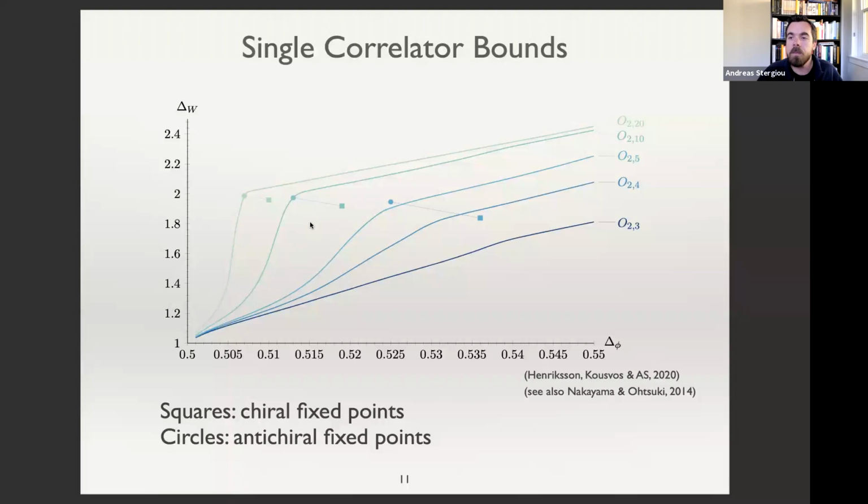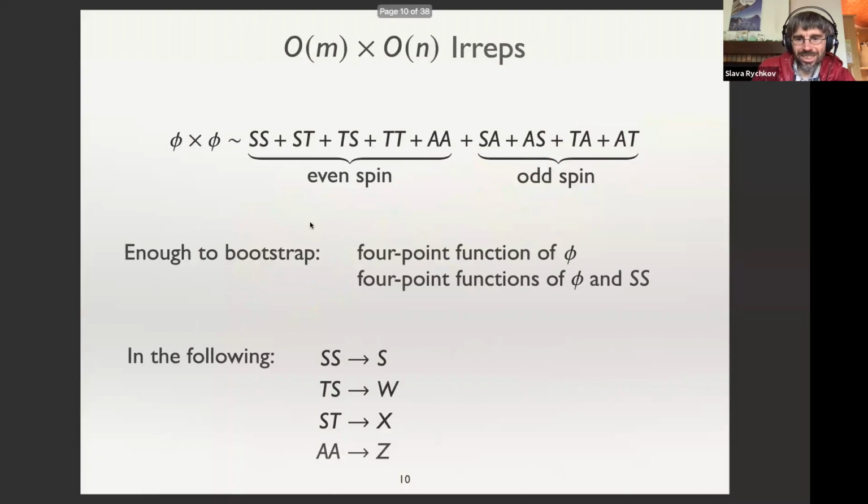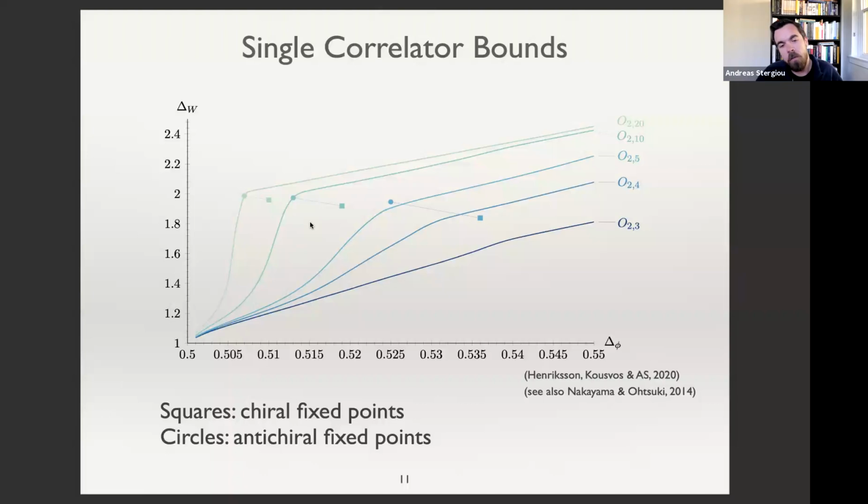Is there any way to remember why one is called chiral, one is called antichiral? I don't know of a way to remember that. I think in these cases, when you add one coupling to ON, you get two fixed points and people call one chiral and the other antichiral.